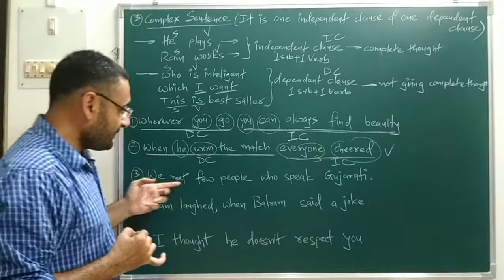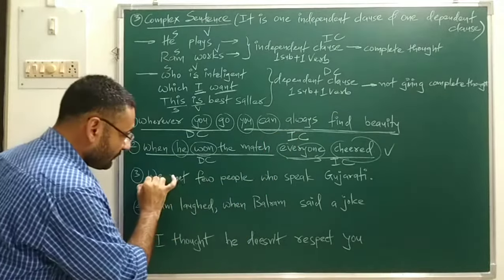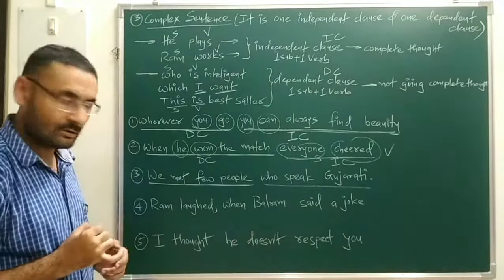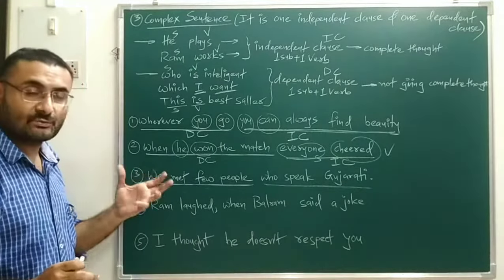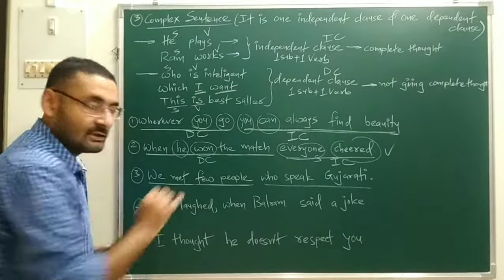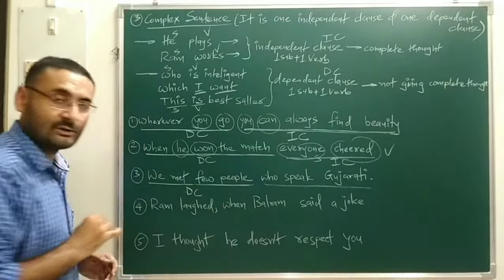Next example: We met few people who speak Gujarati. So we met few people is one clause, who speak Gujarati is another clause. We met few people means what? Who are the people? We don't know. So the thought is not clear. That is why that is your dependent clause.